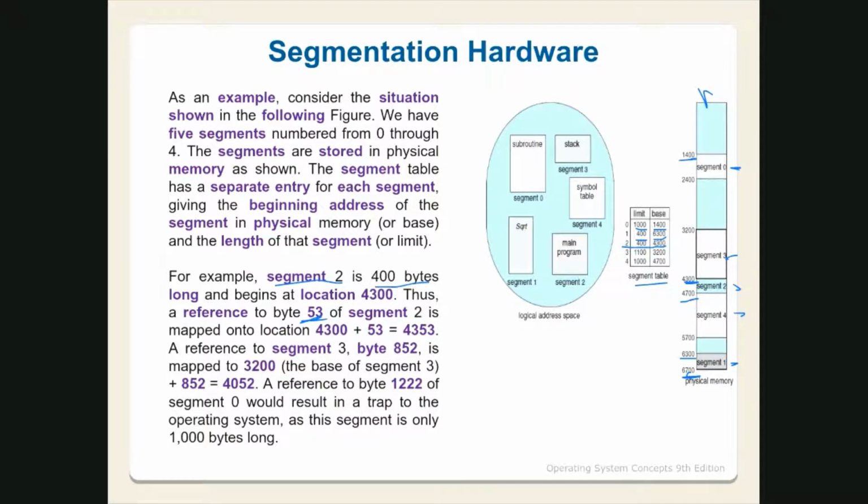So 53 is less than 400, so it is correct. Now you add the 53 to the base. Segment 2 base is 4300. So when you add 53, it's 4353. It's somewhere in between.